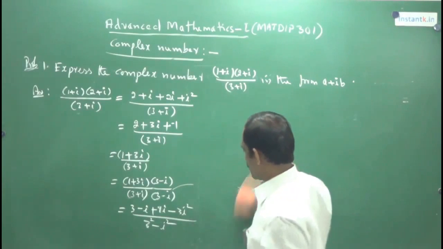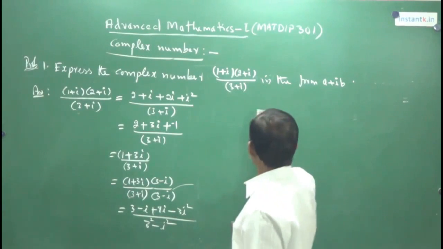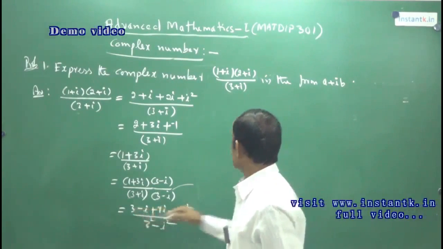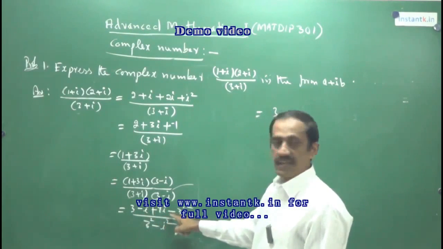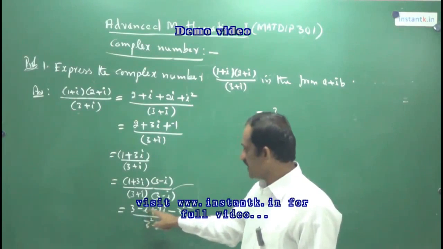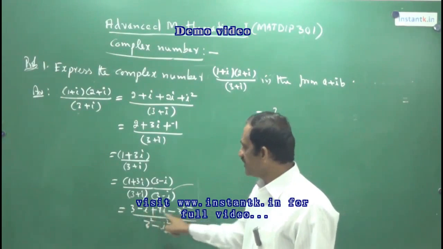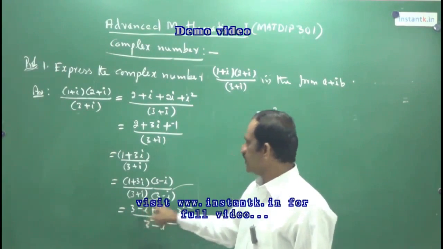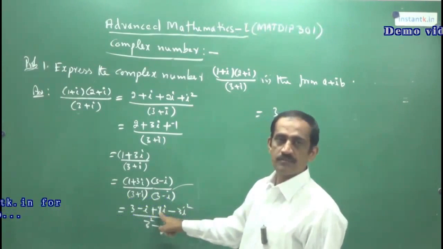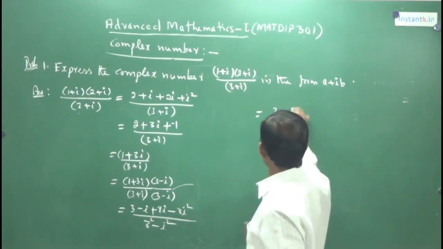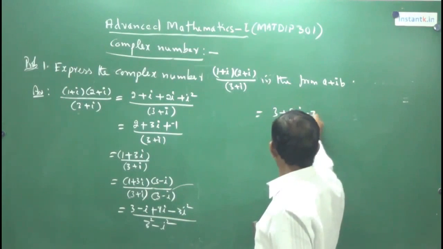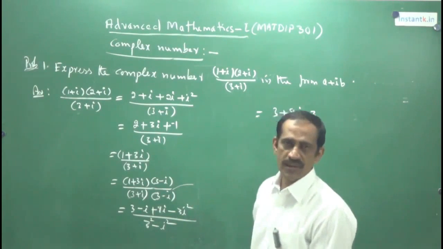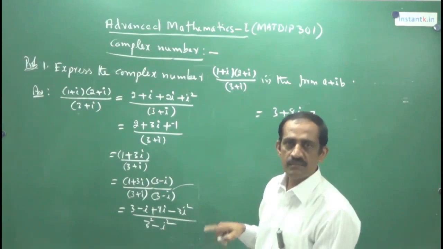Further simplify. Here the numerator is 3, and here minus i plus 9i. Here minus 1i is there, plus 9 into i. If you add it, how many i's? That is minus 1 plus 9, which means 8. So in total you get 8i. Then minus 3 into i squared, but i squared means minus 1.